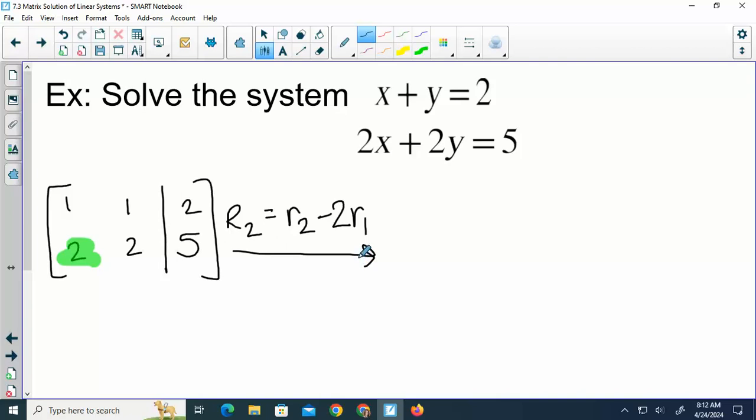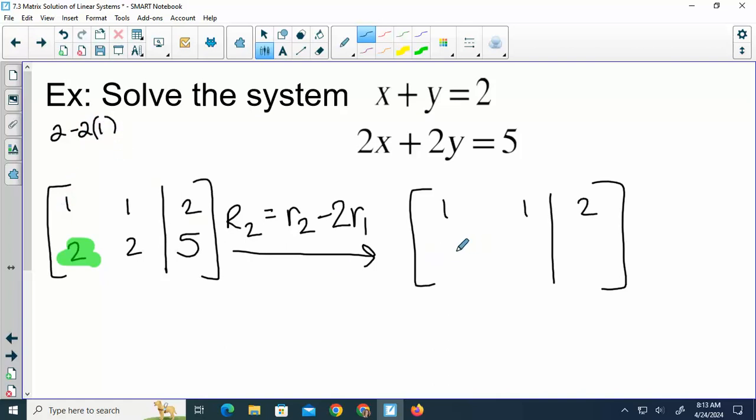Okay, this is where I'm seeing mistakes. So it might help to write out your work. We're not changing row 1. So row 2 is a 2 minus 2 times the number in row 1. So you get 2 minus 2, which is 0. Next one was a 2 minus 2 times the number in row 1. 2 minus 2 is also 0.